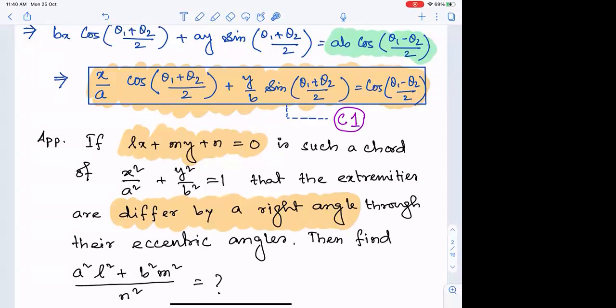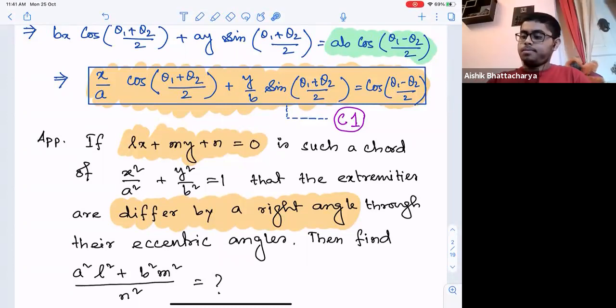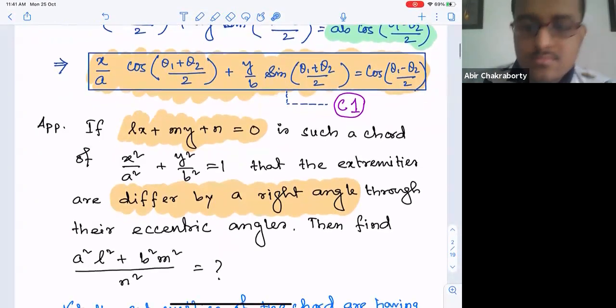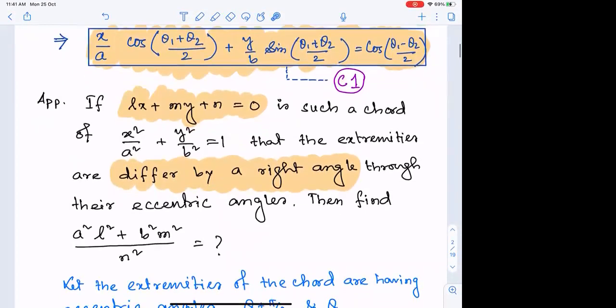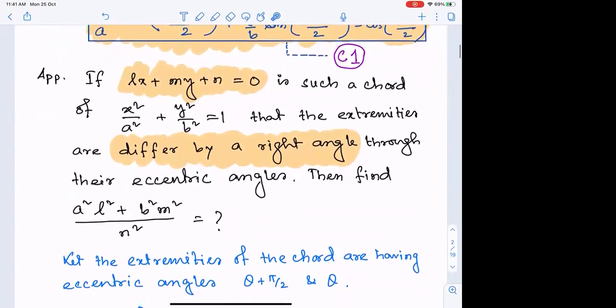Is that okay with everyone? And hence, we can think of the equation of the chord with eccentric angles of the extremity theta plus pi by 2 and theta.